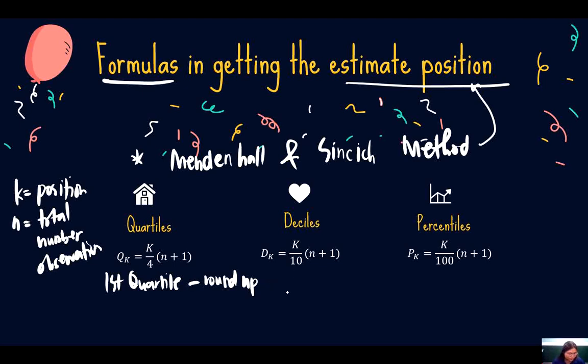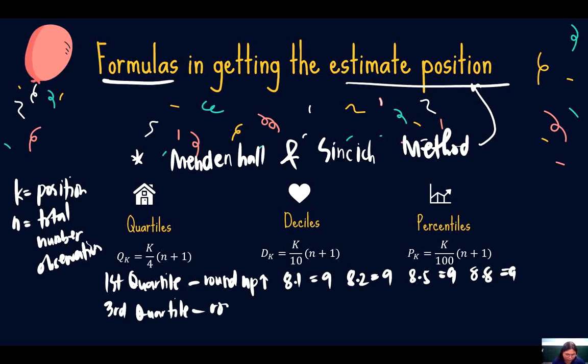For example, 8.1, still that is 9. 8.2, 9 still because we round up. 8.5, 9 still. 8.8, 9 still. So for the first quartile, we round up. For the third quartile, round down.